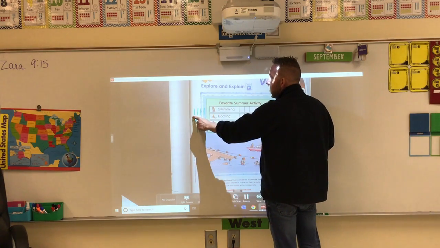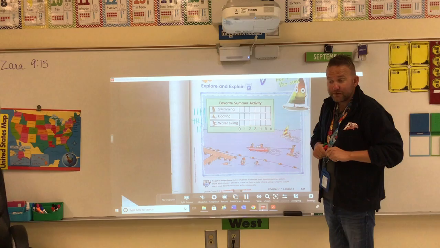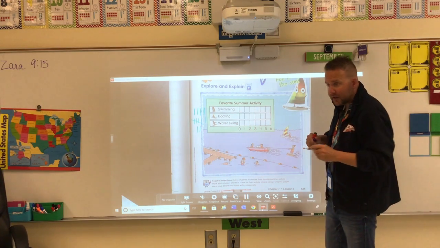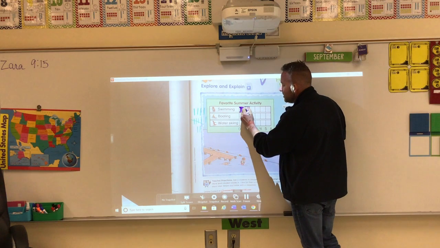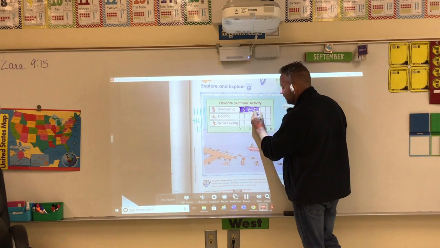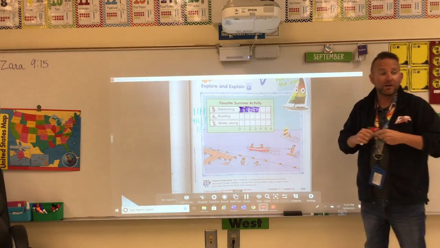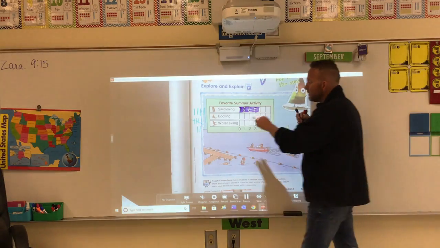I see that I have 1, 2, 3, 4 tally marks, right? That means 4 people like swimming, right? So I'm going to color in 1, 2, 3, 4. I just made my bar graph for swimming, okay? Now I'm going to move on to boating.